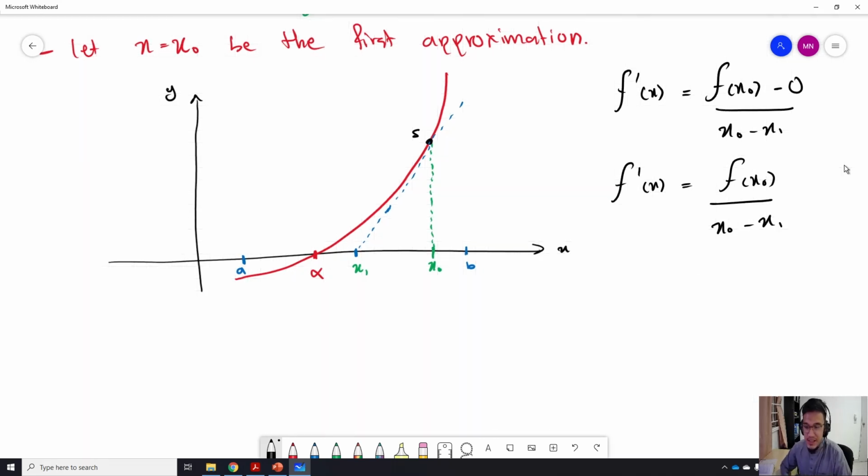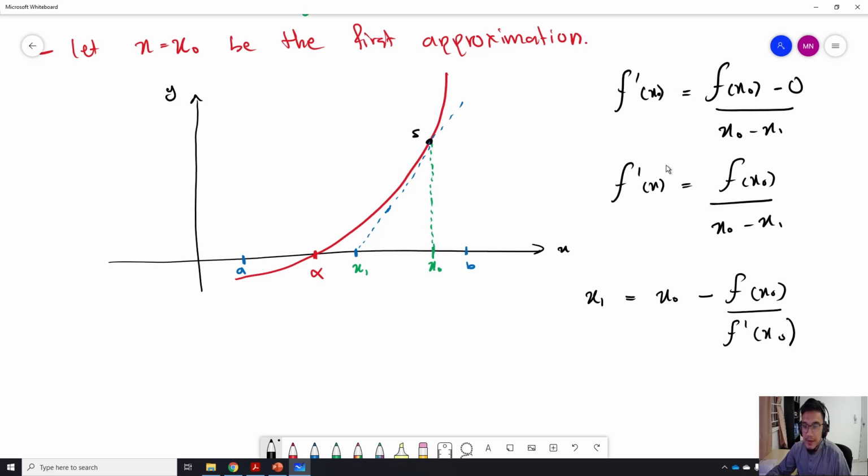We rearrange this equation so that we have x1 as the subject of the equation. That will be x1 equal to x naught minus f x naught over f prime x naught. Oh sorry, I forgot to write down here.